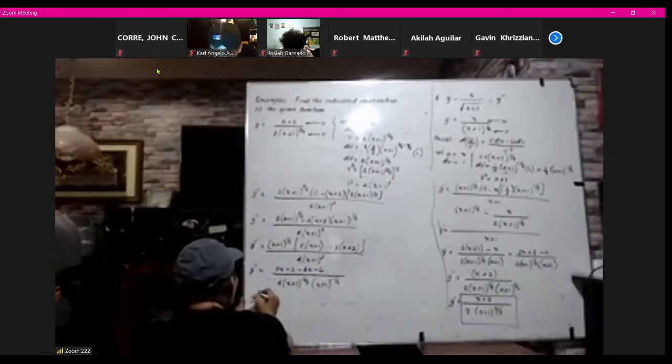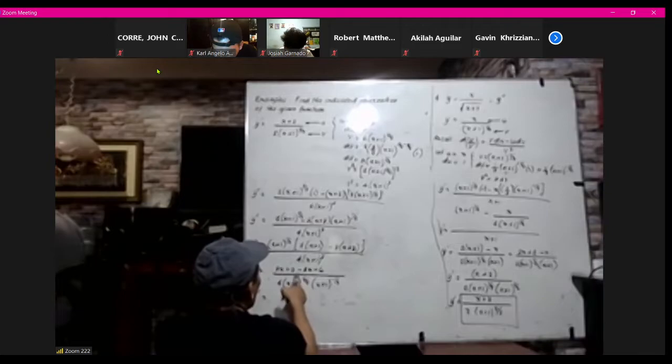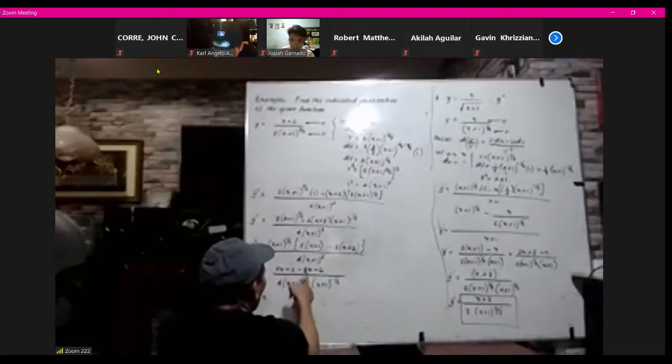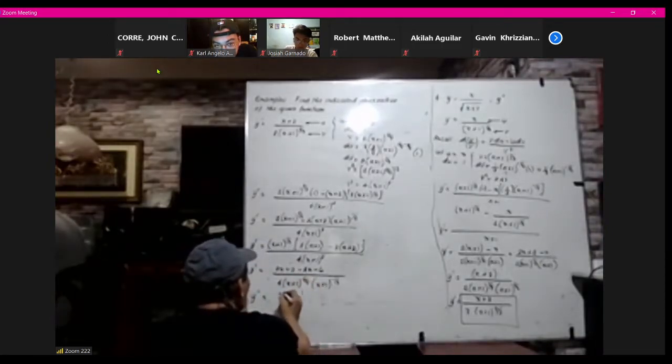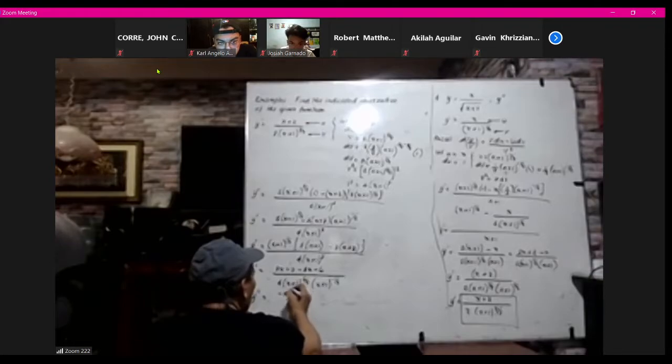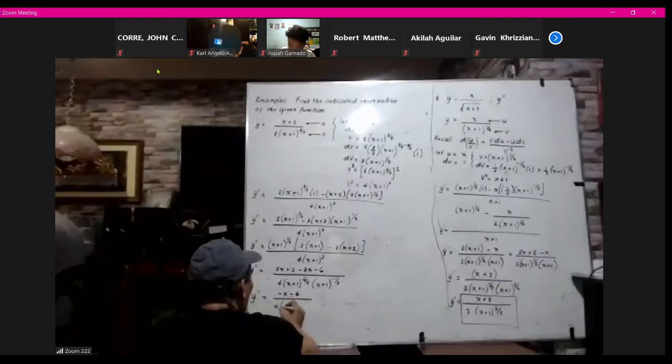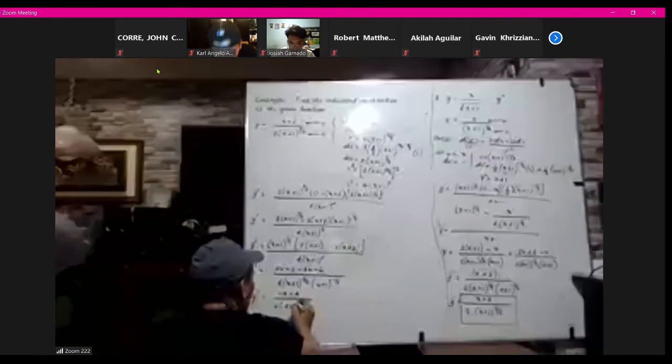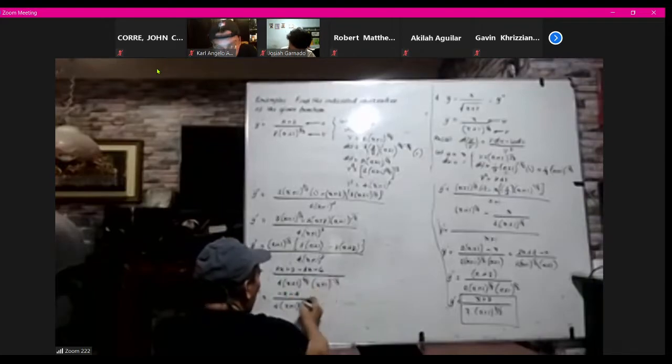So, second derivative of y is equal to, okay, negative x, then negative 6 plus positive 2, negative 4, all over 4, then x plus 1, 6 minus 1 is 5 over 2.